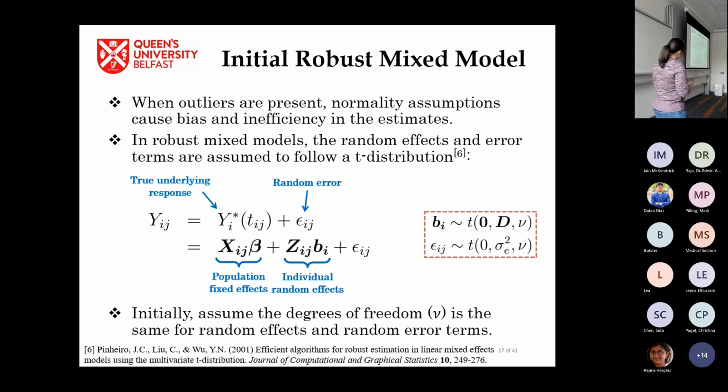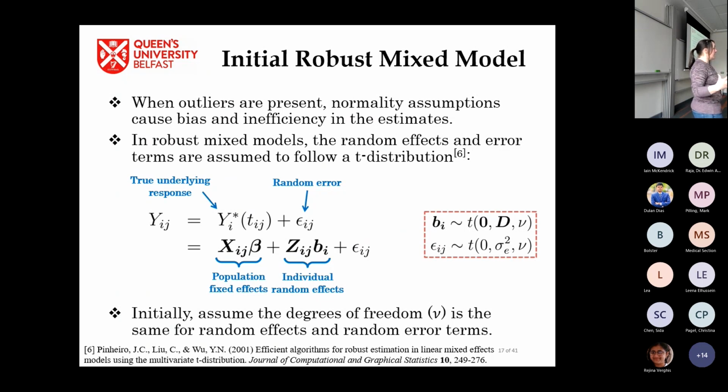What Pinheiro did in 2001 is introduce the robust mixed model, where it has common degrees of freedom. So we can change the B, the random effects, and the random errors, or epsilon ij, to instead follow t-distributions, where we assume that the degrees of freedom is the same between the two random terms.